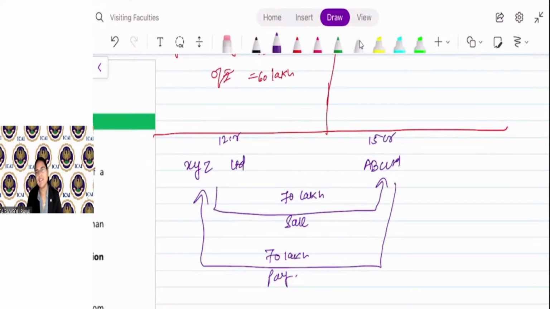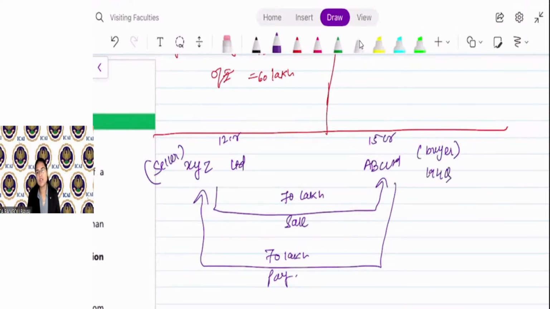Now what happened here, my dear friend? Whether you will apply TDS or TCS, here both are applicable. See, XYZ Limited is a seller and ABC Limited is a buyer. So from ABC Limited's perspective, 194Q is applicable.